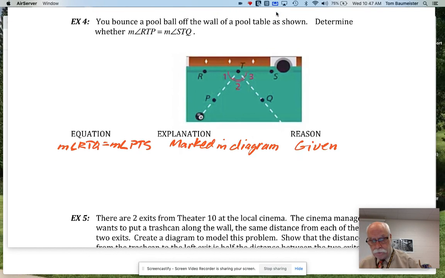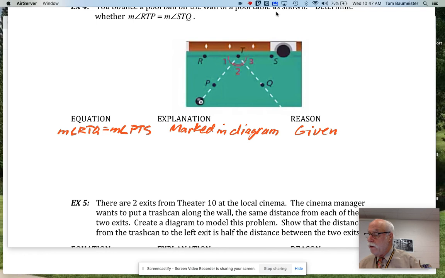Now I want you to notice this here. The measure of angle RTQ is the measure of this angle plus the measure of this angle, so it's the measure of angle 1 and 2.